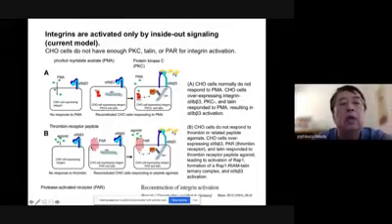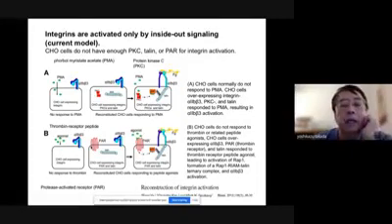When those components are expressed in CHO cells, then CHO cells can respond to all those stimuli. So this can be extensively studied, and people can understand what is going on, what is missing in CHO cells, and so forth.